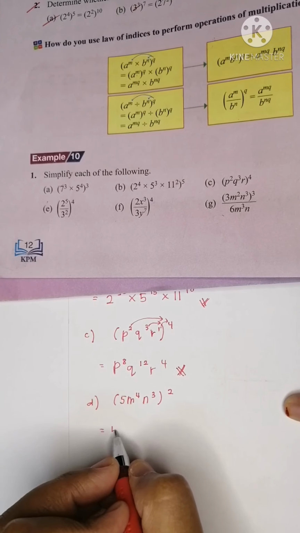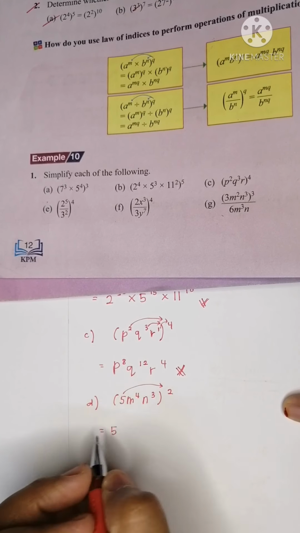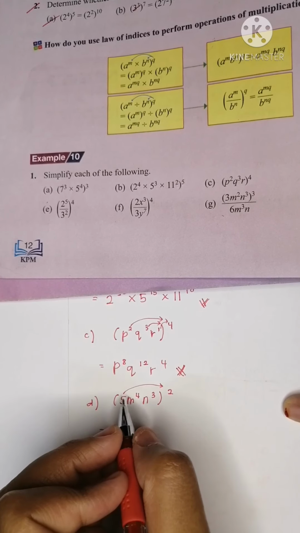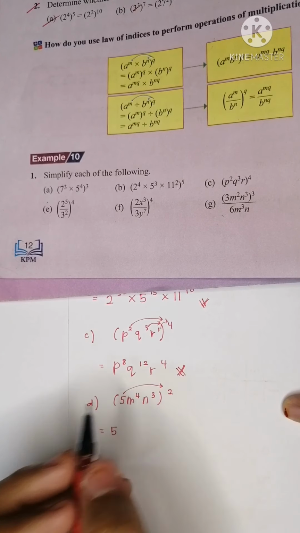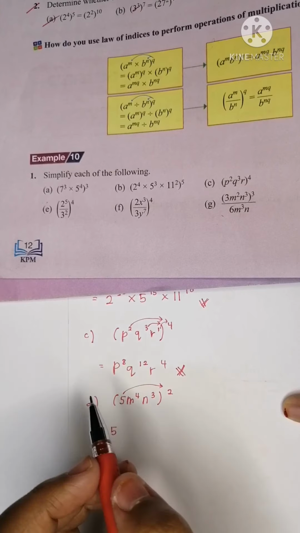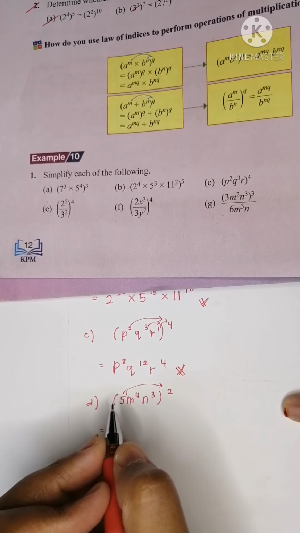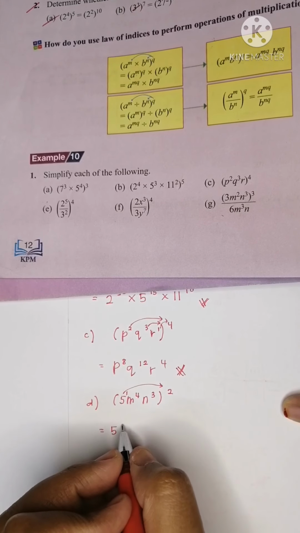The constant is 5, and you need to power it with 2. This is 5, no power, so we need to consider 5 to the power of 1. So 1 times 2, you got 2.